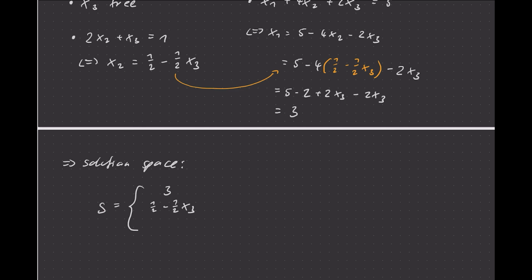And x3, the free variable, is just itself. So we just write x3 here and it can take on any value. And taking on any value means we can select x3 in R. So this is the set of solutions here.